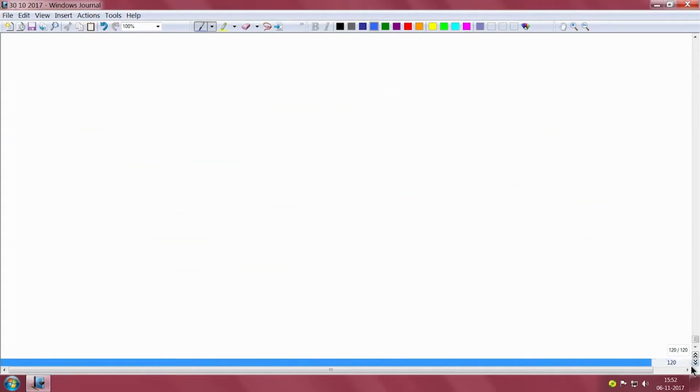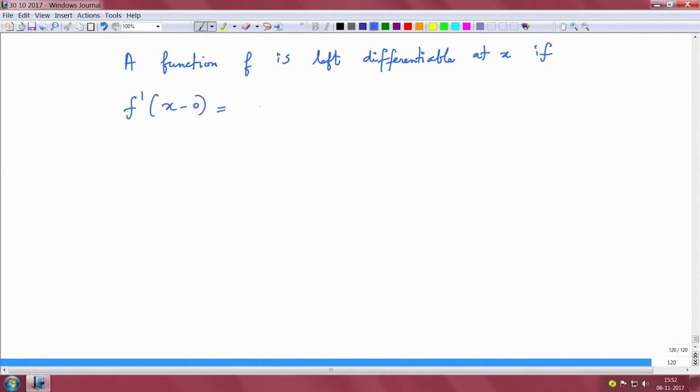Similarly, we can recall the differentiability conditions. A function f is left differentiable at x if f dash of x minus 0 is the limit h tending to 0 minus of f of x plus h minus f of x divided by h.